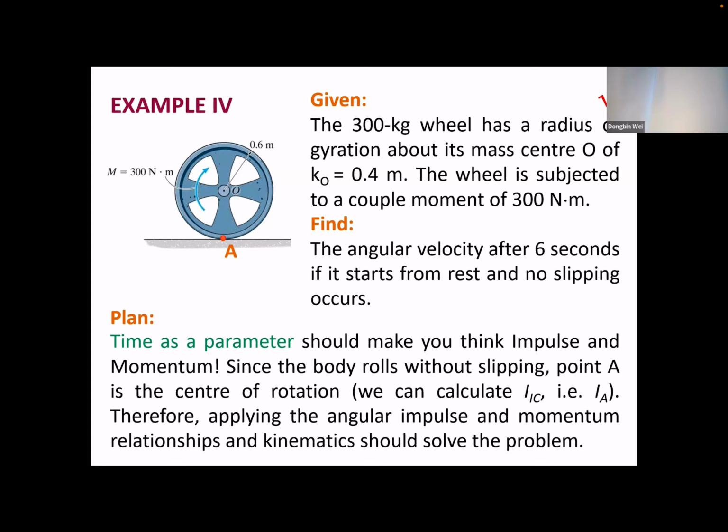We can know this by observation. So this is a rolling without slipping problem, and we already know this wheel starts from rest, so initially the velocity of the wheel is 0.